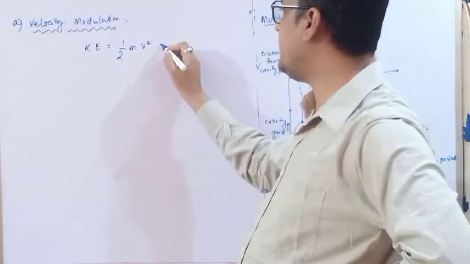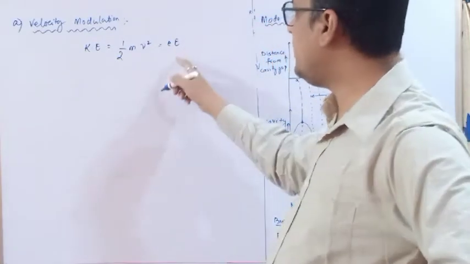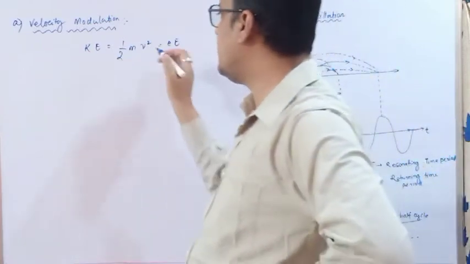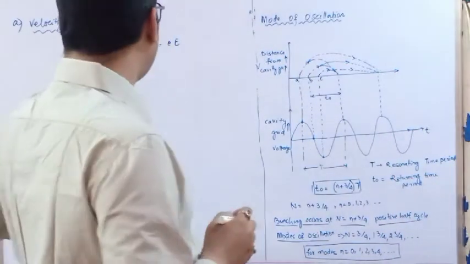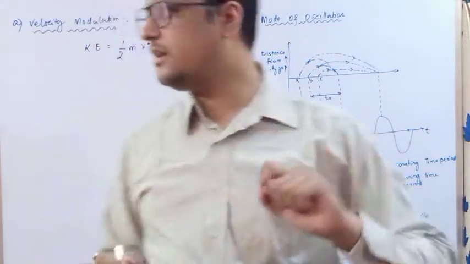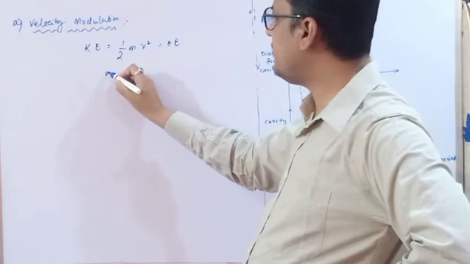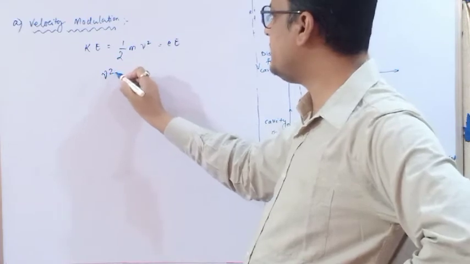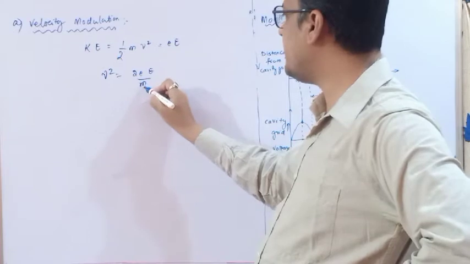So I will write it as electron volt, small e into capital E, the electric field, with electron volt. Now depending upon these values, our parameters are half mv square and e into V. So I can write, V, or you can take it as U, V square equals twice e into E divided by m.